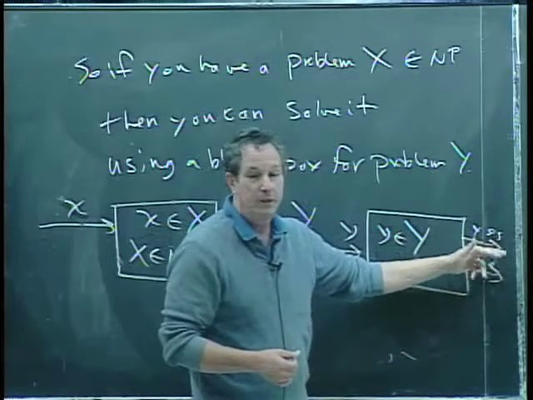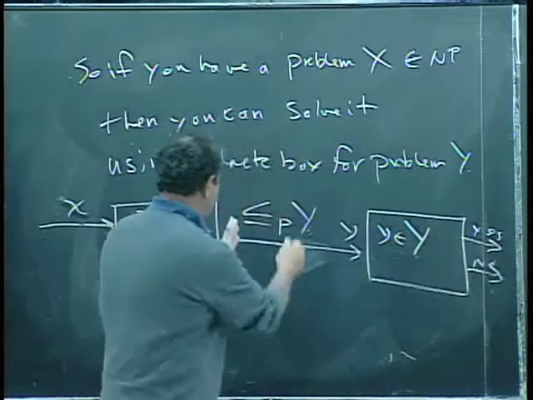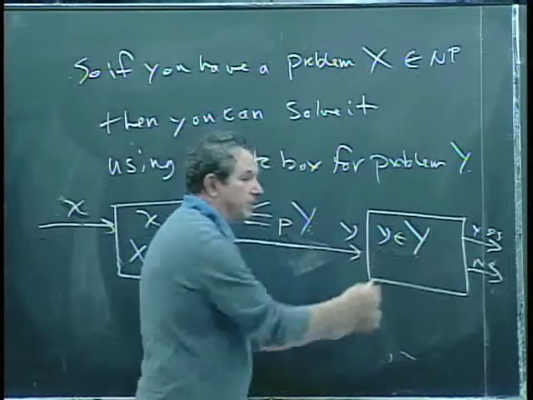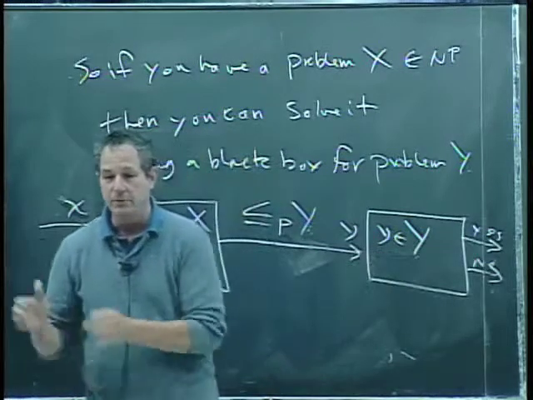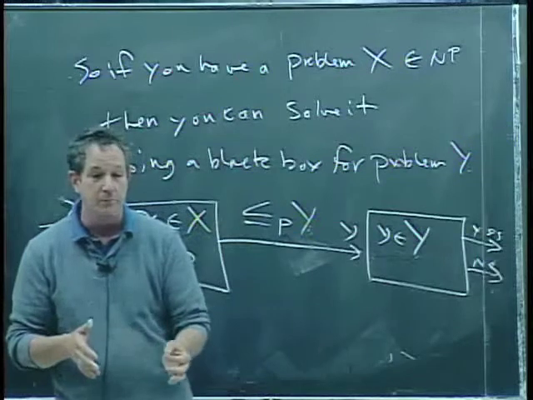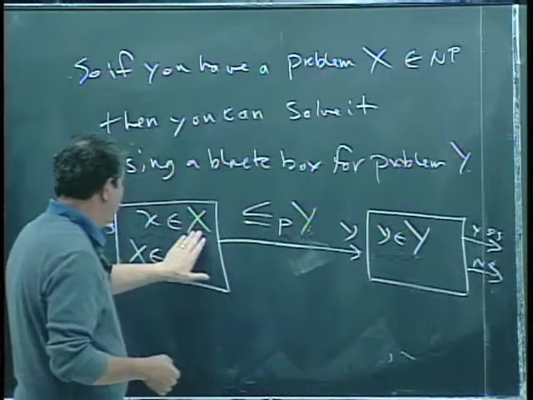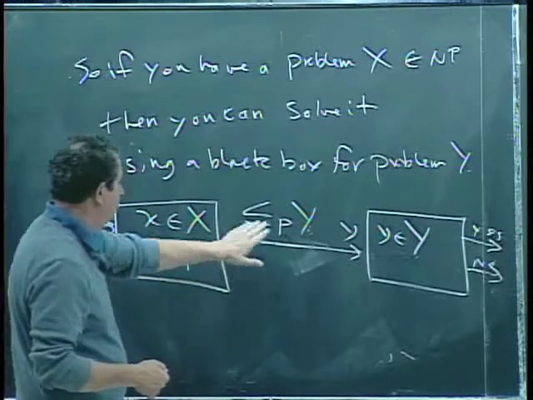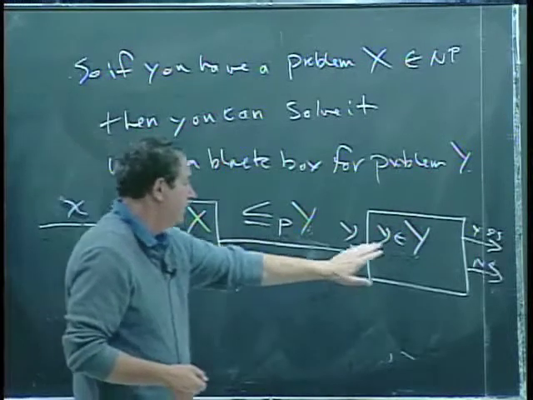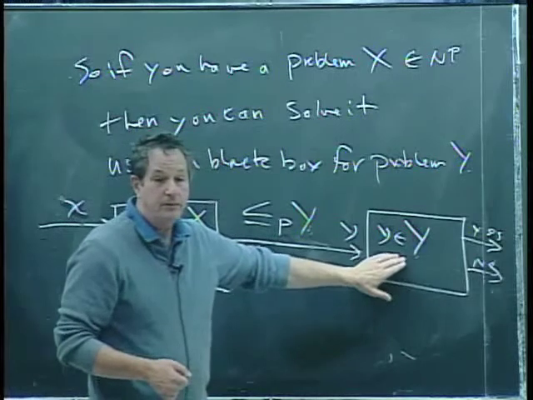But this is a polynomial followed by a polynomial, and we've discussed this 2 times, that a polynomial of a polynomial is still a polynomial. So the polynomial time for solving problem X would depend on the polynomial for this reduction and the polynomial for this solver.